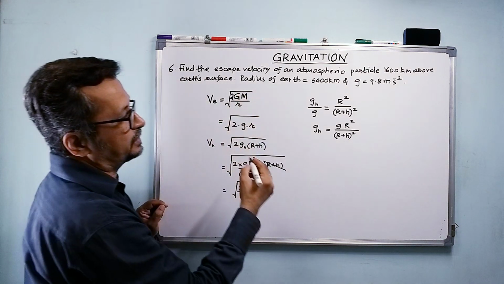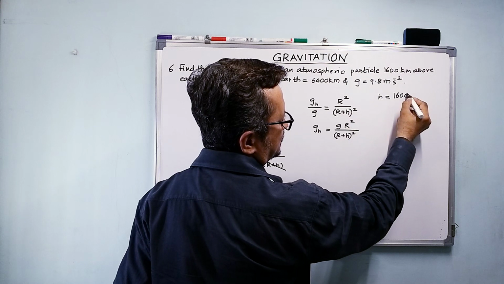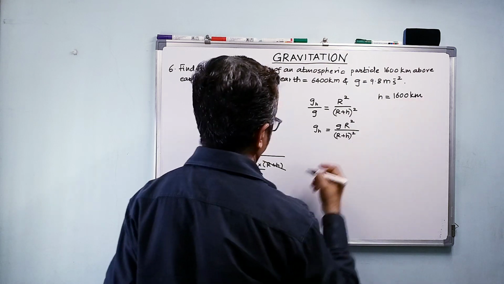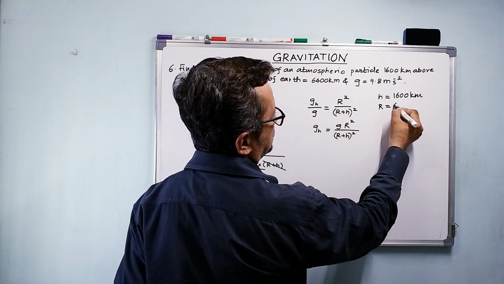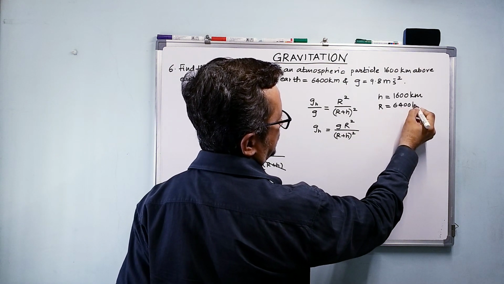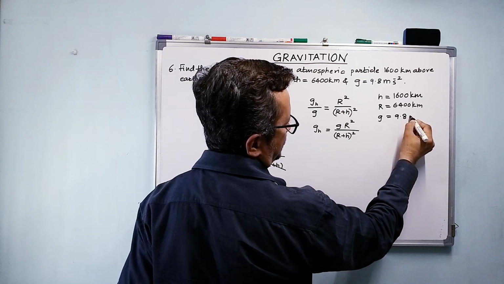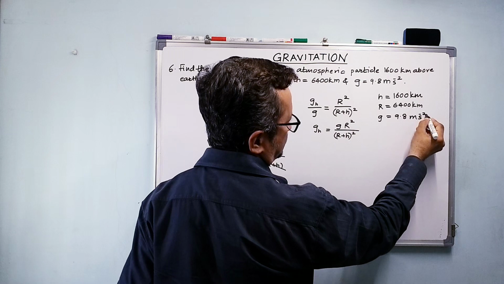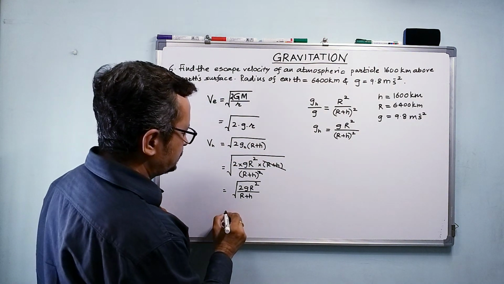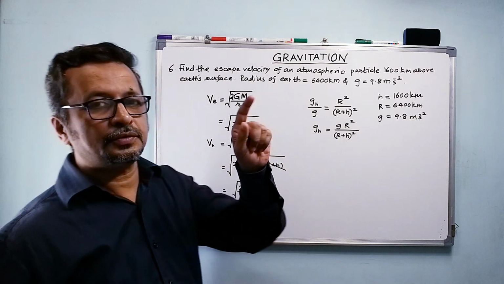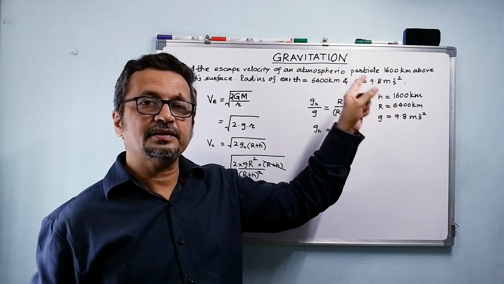Now h is given. I'm going to write h is equal to 1600 kilometer, and my r is 6400 kilometer. g is 9.8 meter per second square. So if you substitute that here, you have to do one thing. 1600 and 6400 are in kilometer.